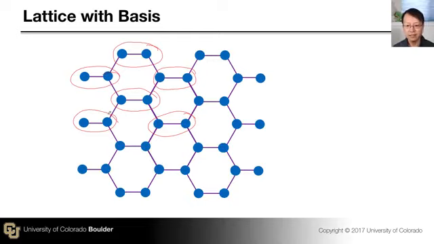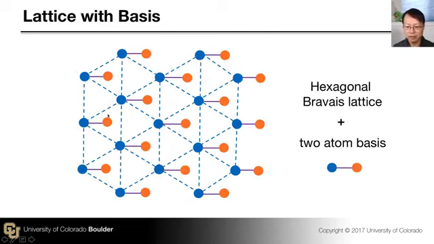To highlight that, I changed the color of one of these atoms in the pair. So in this case, the atomic pair is made of one blue and one orange.